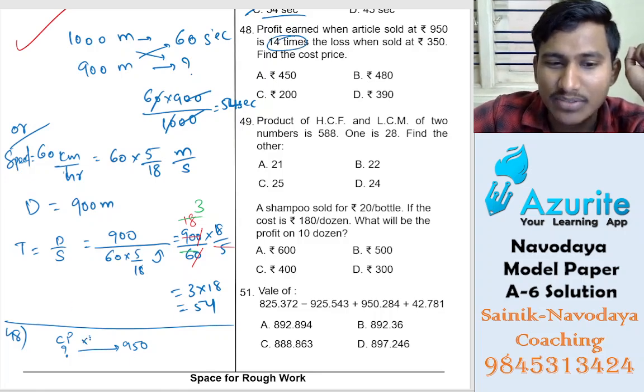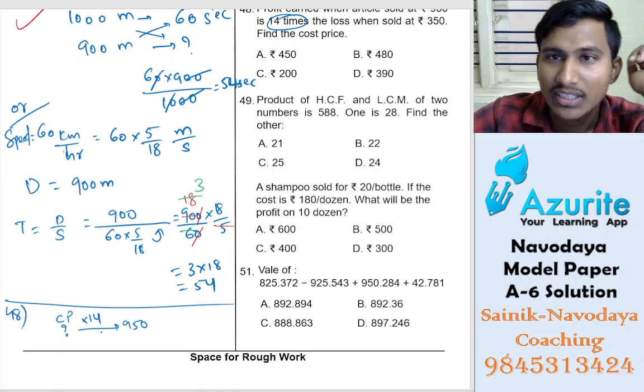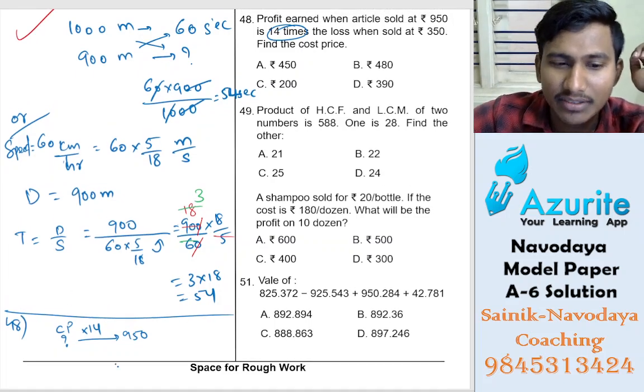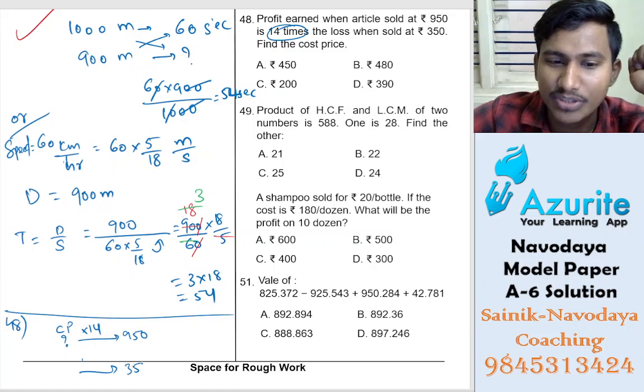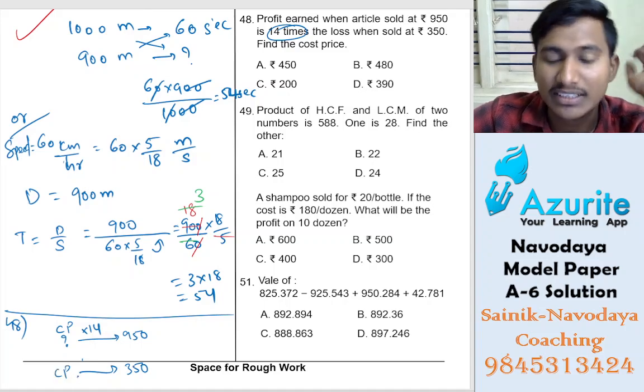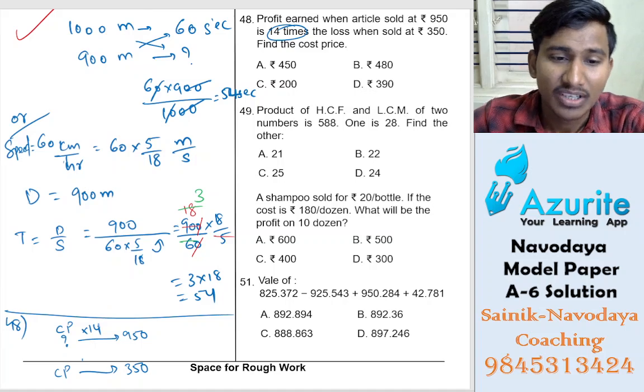And when it is sold at 350, there will be a loss, right? So let us take the loss here at 350 rupees. So how do we find the cost price when it is profit? Yes.